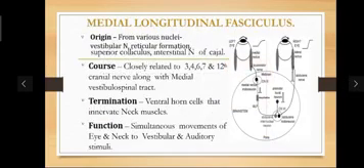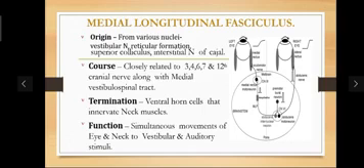And then the medial longitudinal fasciculus. So these fibers originate from various nuclei like vestibular, reticular formation, superior colliculus, interstitial nucleus of Cajal, and its course is closely related to the 3rd, 4th, 6th, 7th and 12th cranial nerves along with medial vestibulospinal tract.